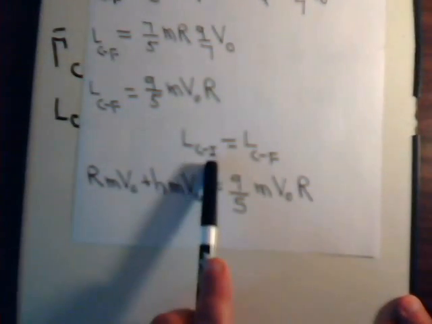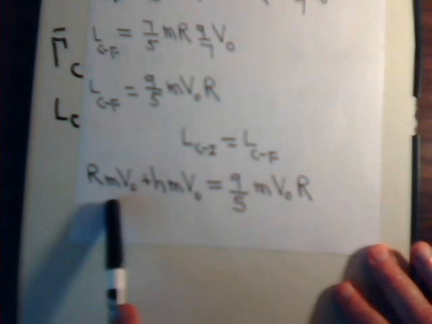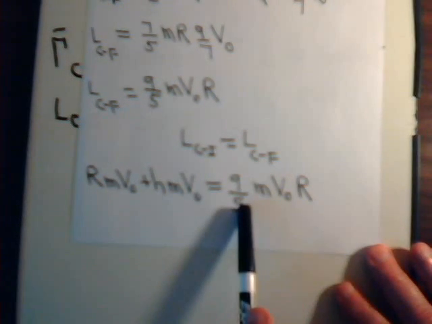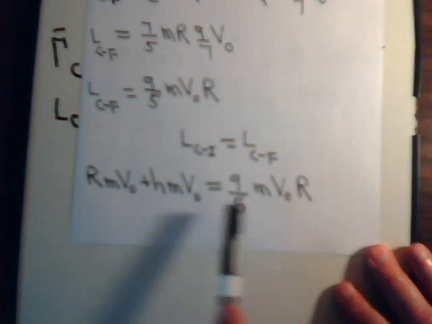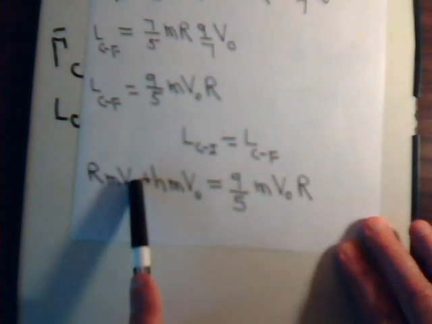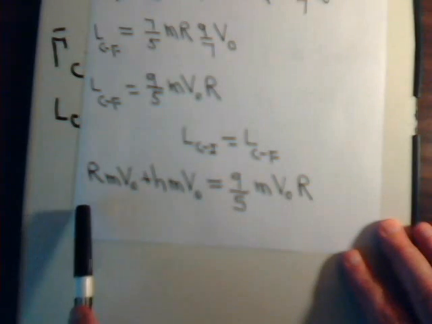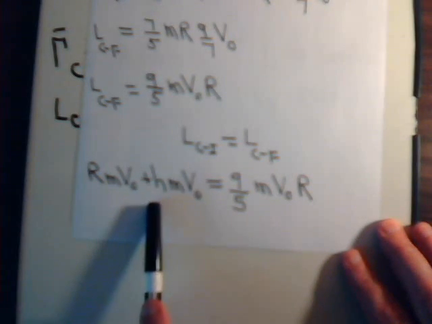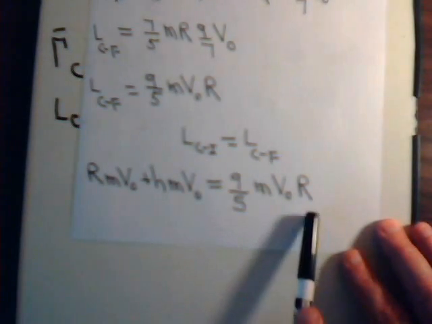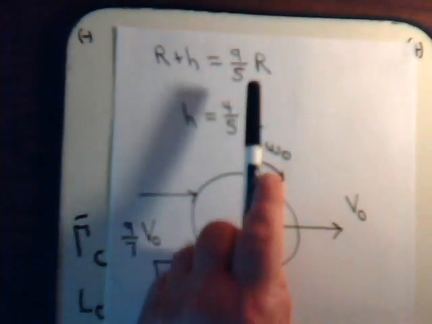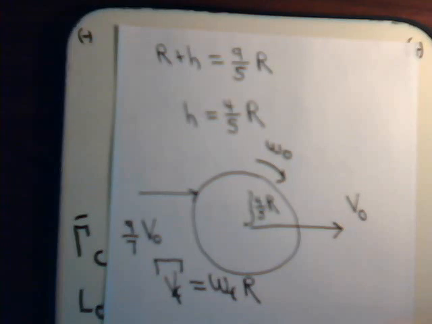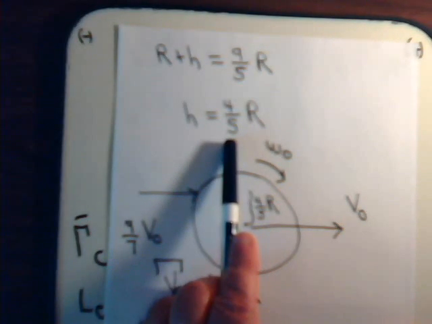So we can cancel out m v0 on each side, and we have r plus h equals 9/5 times r, or h equals 4/5 r.